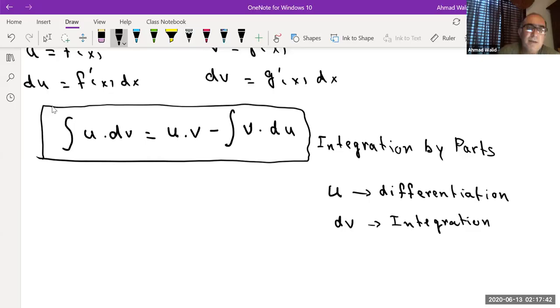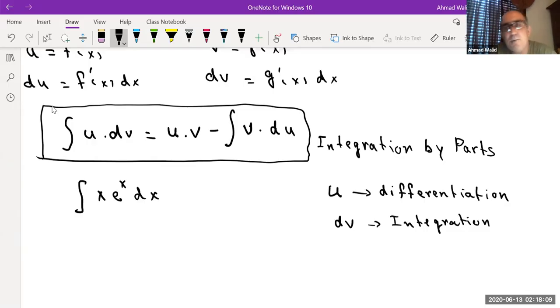For example, if I give you integral of, let's take a problem, x e to the x dx, correct? Which one you have to choose as a u, which one you have to choose as dv? That's the important part. In your book, if you read your book, it's written in your book.